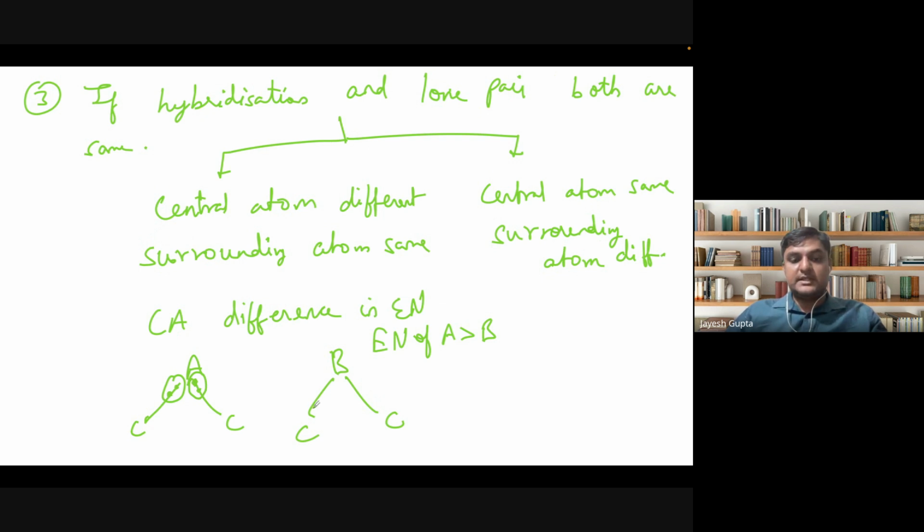And since B has less electronegativity, the lone pair will be away from B.